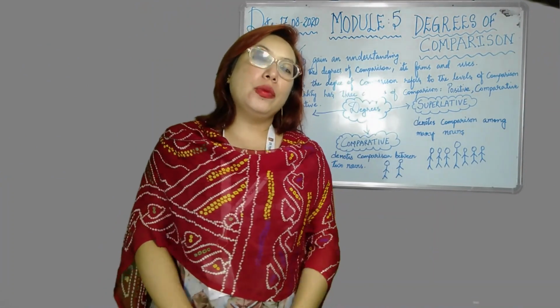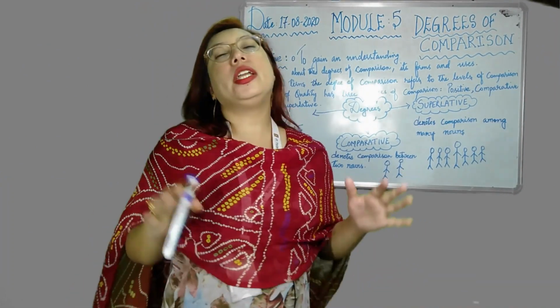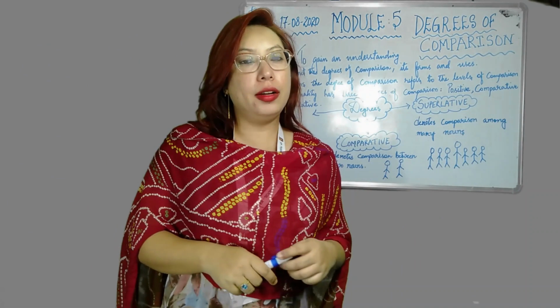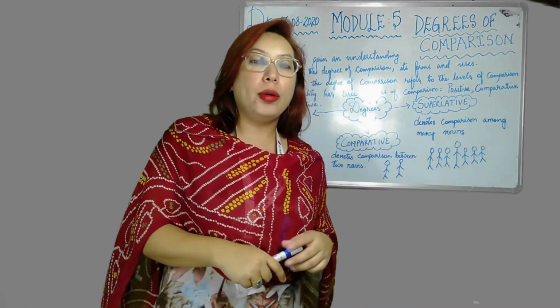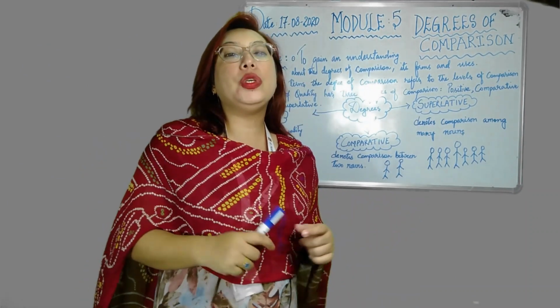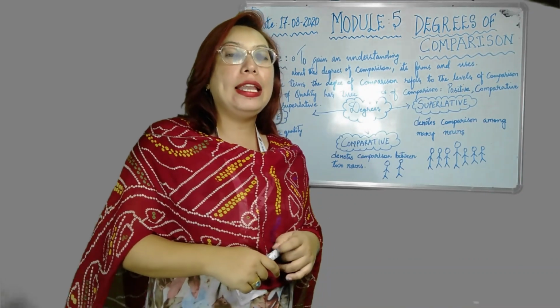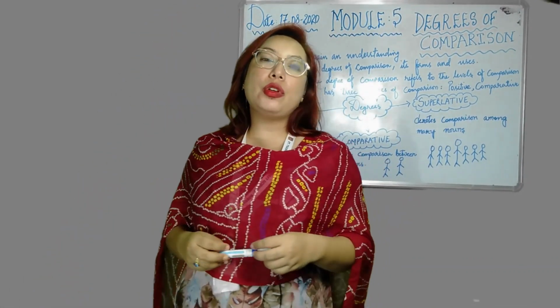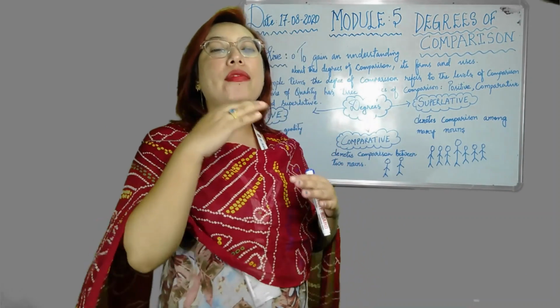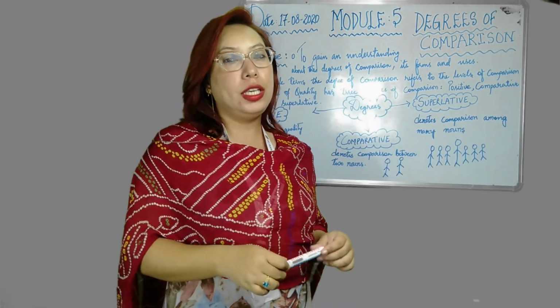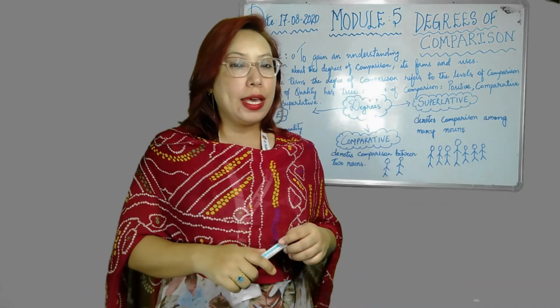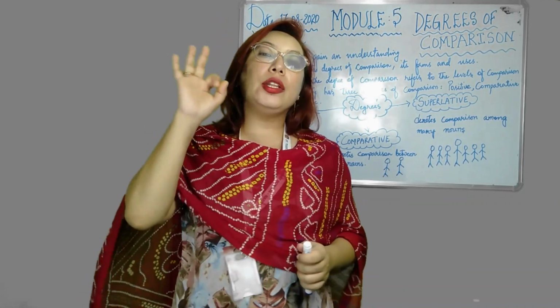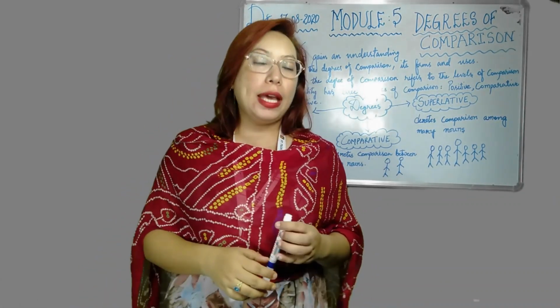So students, we are going to see what degrees of comparison are, how they are formed, and what their uses are, okay? Let us start with the meaning. In simple terms, degrees of comparison means the level of comparison. There are basically 3 degrees of comparison.